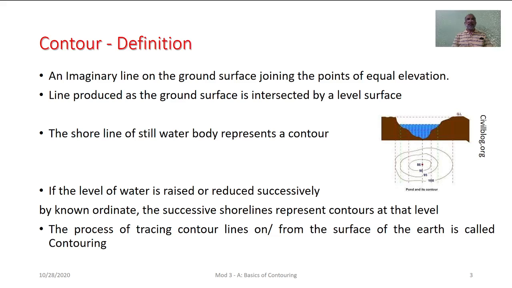So, what is contour? Contour can be defined as imaginary line on the ground surface which is joining points of equal elevation. According to our earlier knowledge, we know that level surface is surface which is parallel to mean spheroidal surface of the earth, whereas horizontal surface is the surface which is tangential to this particular level surface.